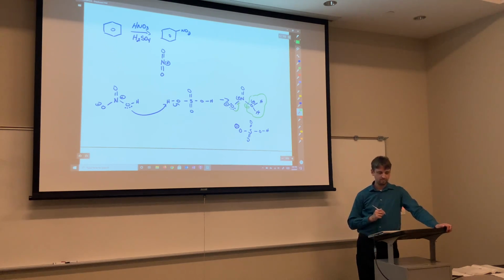So we end up generating that there. You guys with me? Anything unusual about this? Yeah, an acid reacting with another acid, that's kind of unusual.